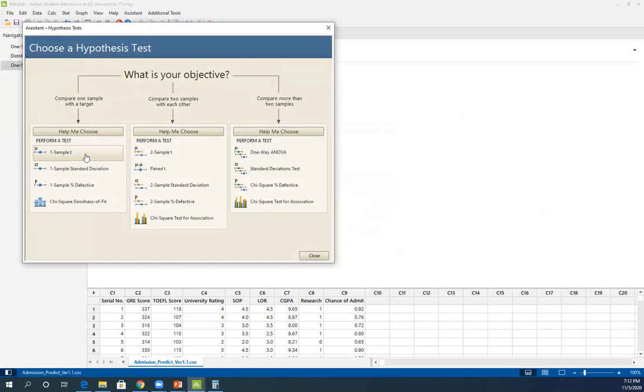We are not dealing with two sample, we will deal with two sample in the next class. Here we are just dealing with one sample t, one sample standard deviation, one sample percent defective, chi-square. So we are just looking into these.